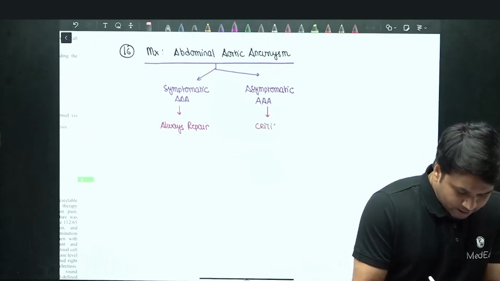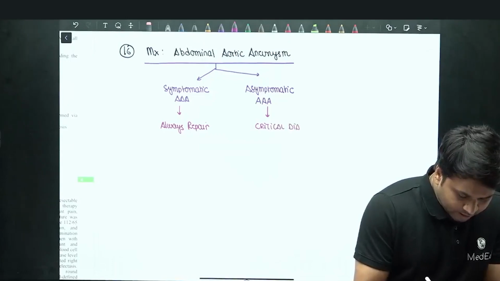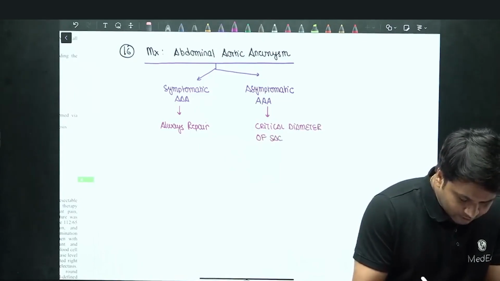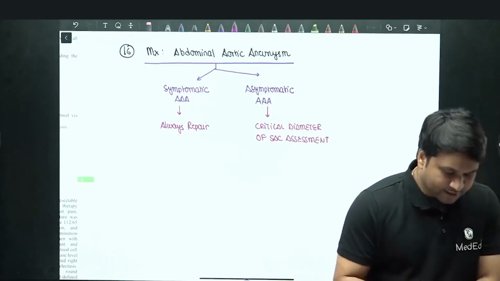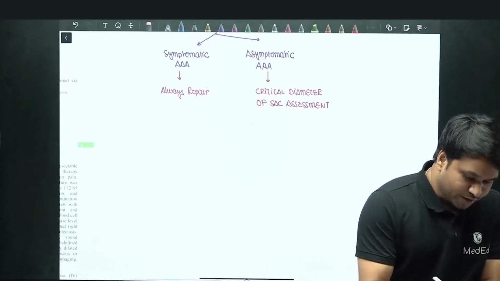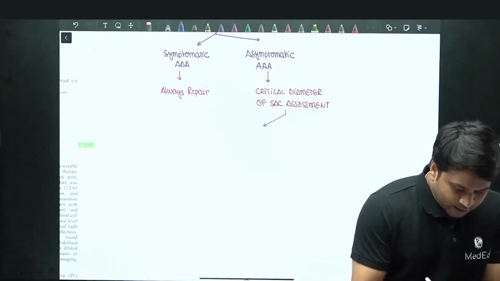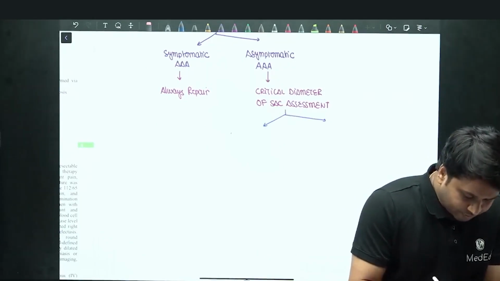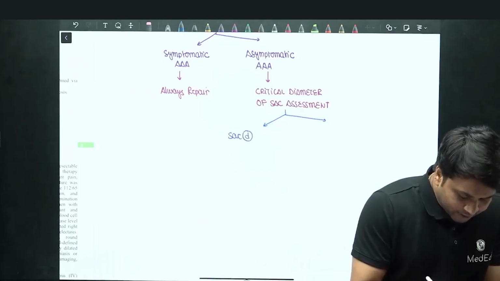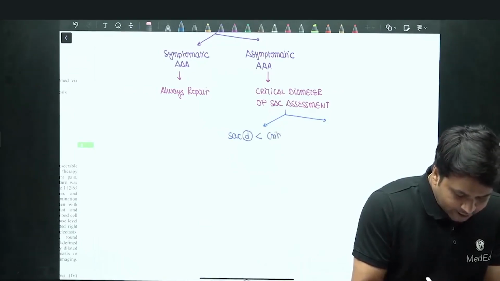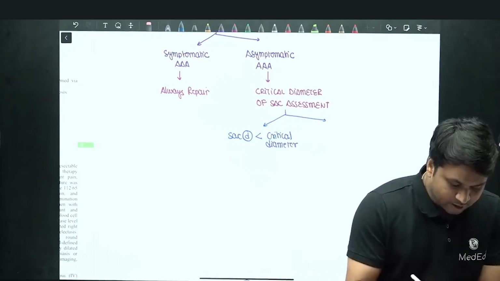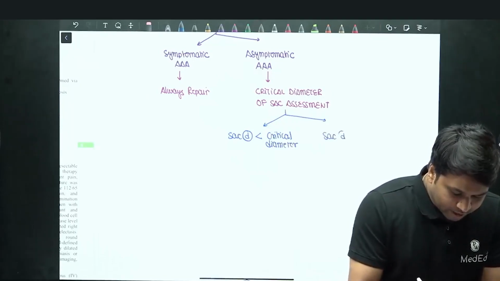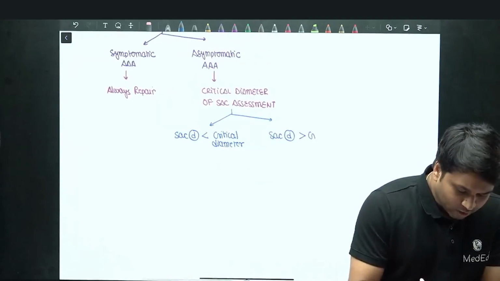So we'll do a critical diameter of the sac assessment. Now, I can get two differentiating data from here. Either the sac's diameter is less than the critical diameter, or on the other hand, the sac's diameter is more than the critical diameter.